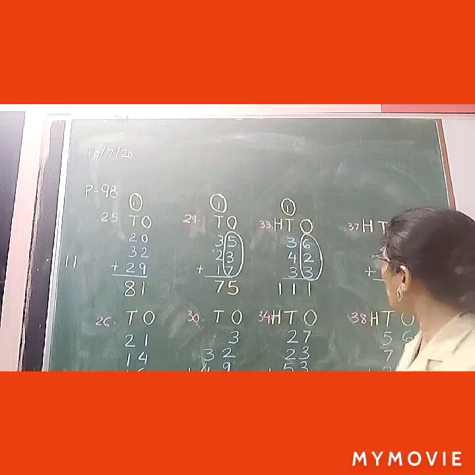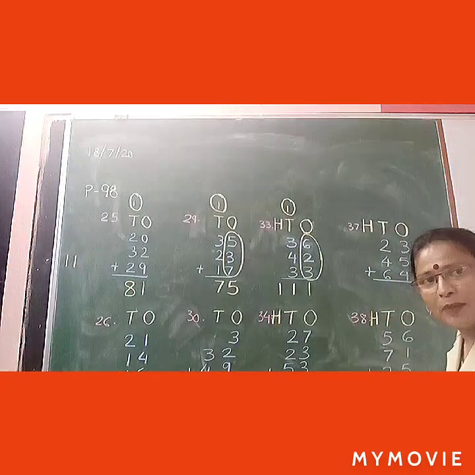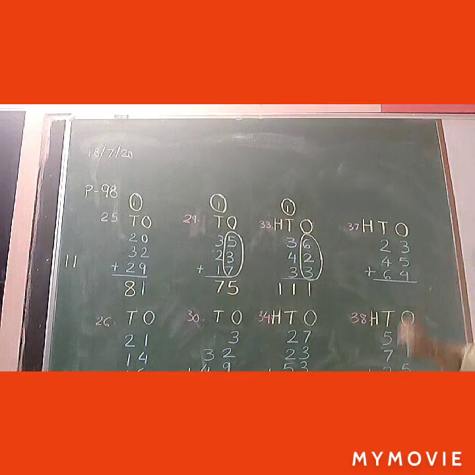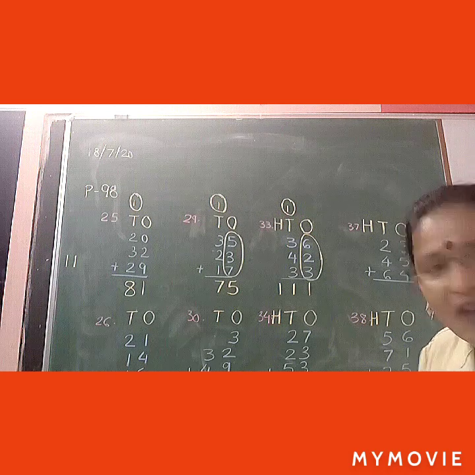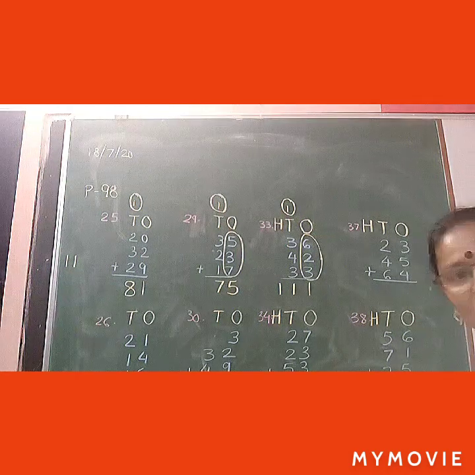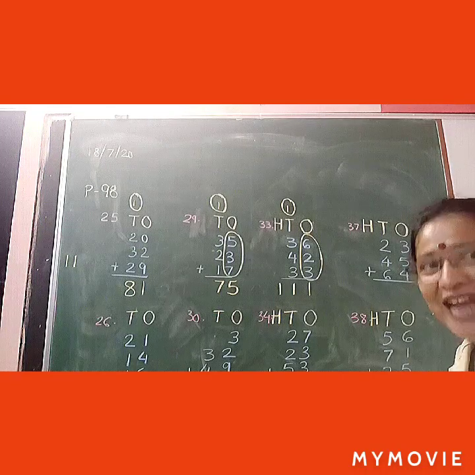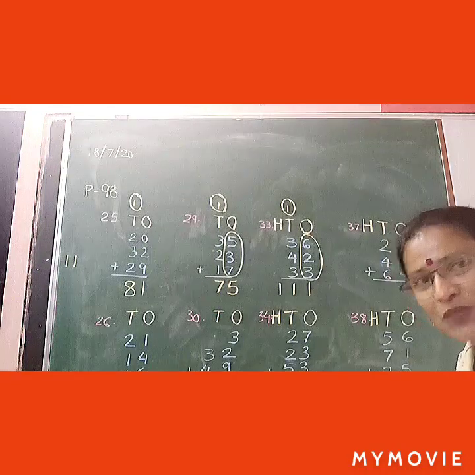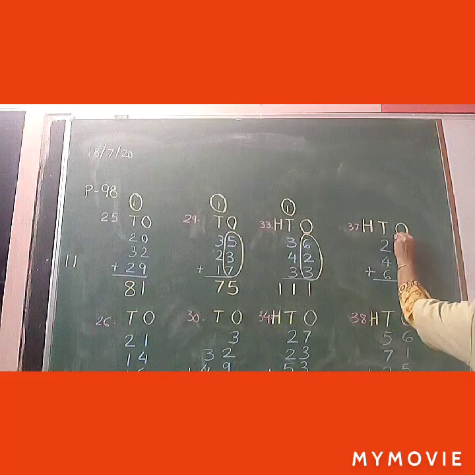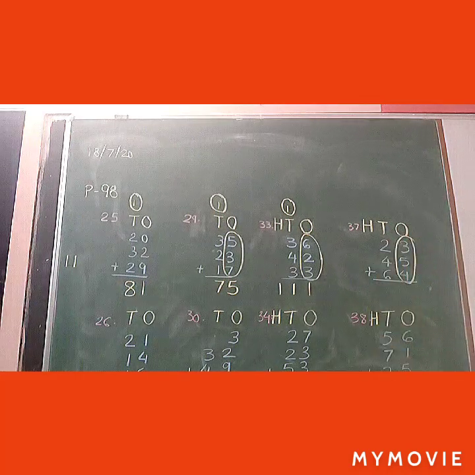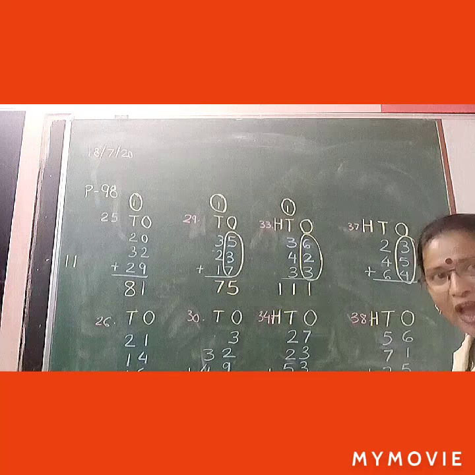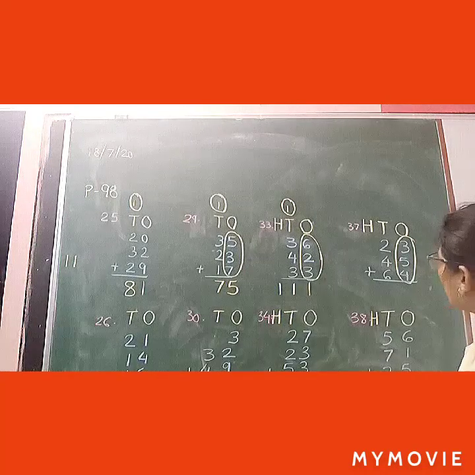Okay. Now come to the next number. 23 plus 45 plus 64. What will we do? Yes, we will add the numbers which are in ones place. Here 3 plus 5 plus 4.